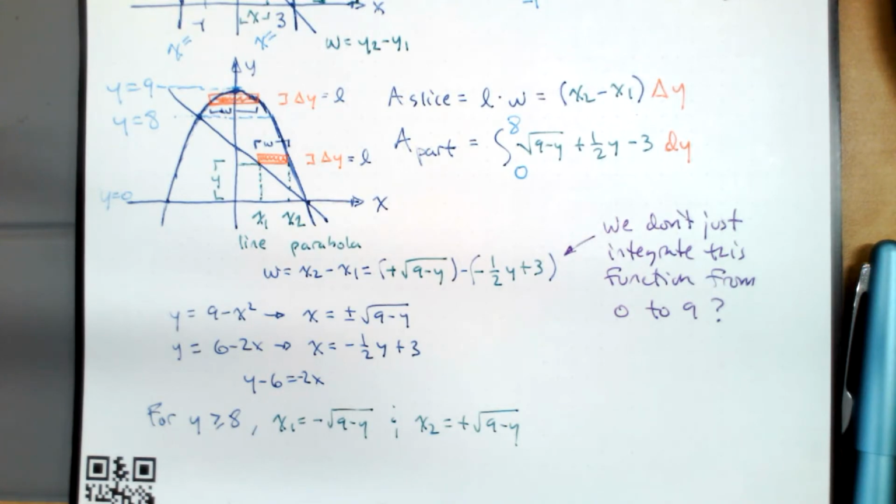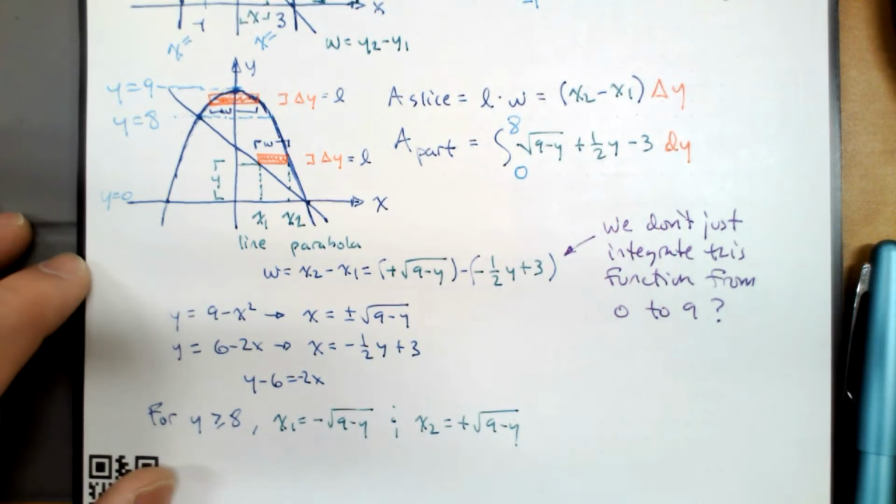So when I do x2 minus x1 for y greater than 8, the width is just going to be 2 times the square root of 9 minus y.